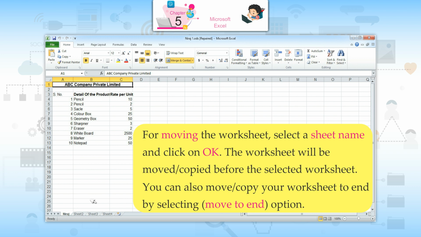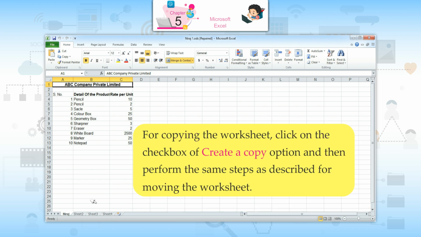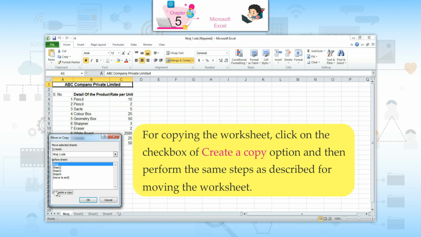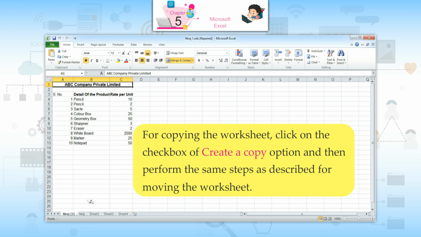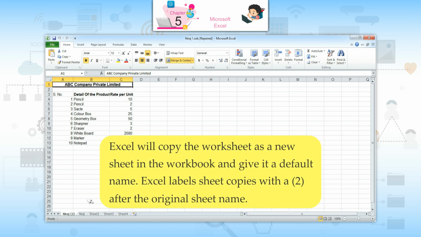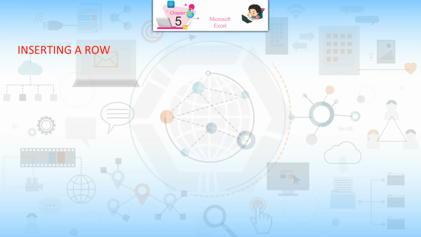You can also move your worksheet to the end by selecting the Move to End option. For copying the worksheet, click on the checkbox of the Create a Copy option and then perform the same steps as described for moving the worksheet. Excel will copy the worksheet as a new worksheet with a default name.